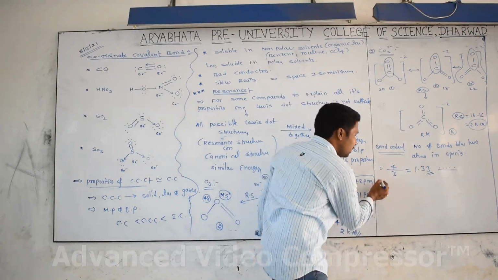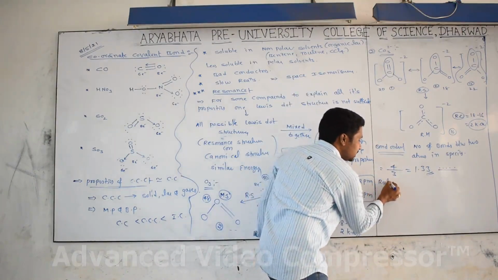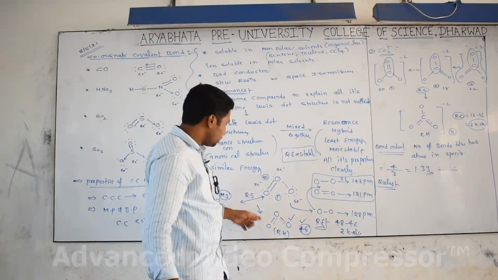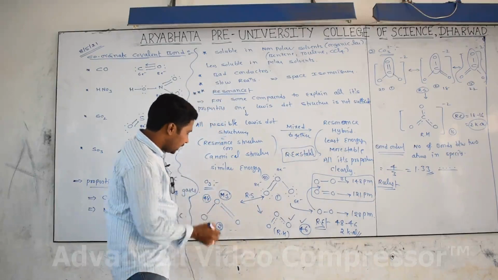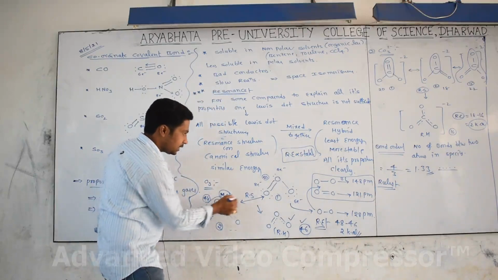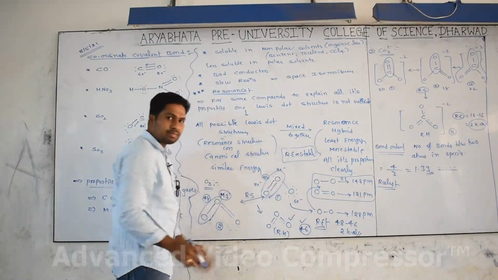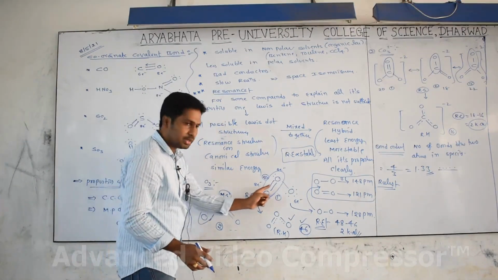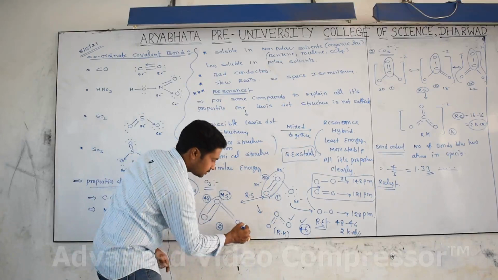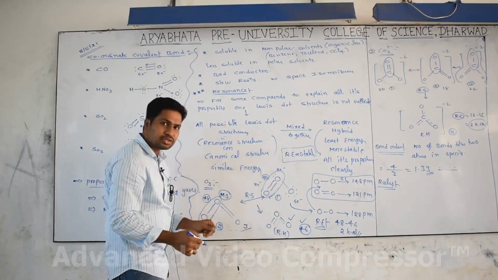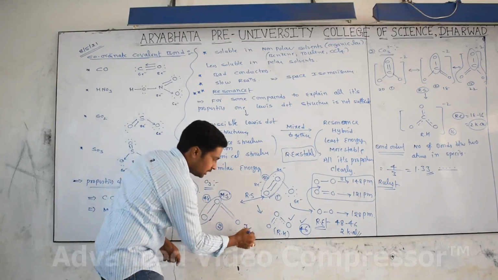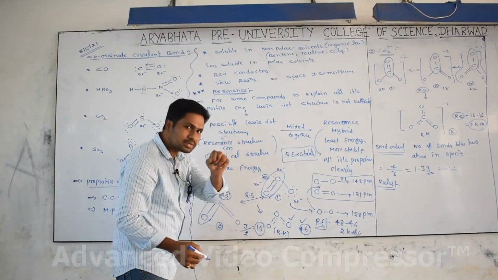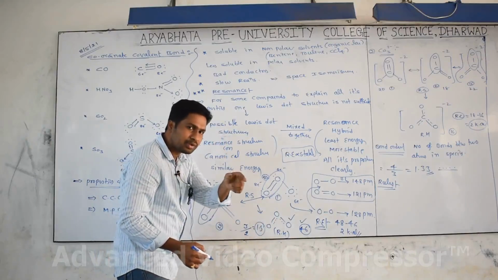Yes. Now I will write some important things. For example, find the bond order in the ozone molecule. I am taking the left side. Between the two oxygens, here a single bond, here a double bond, together 3 bonds. By how many resonance structures? 2 resonance structures. It is nothing but 1.5. What does 1.5 mean?